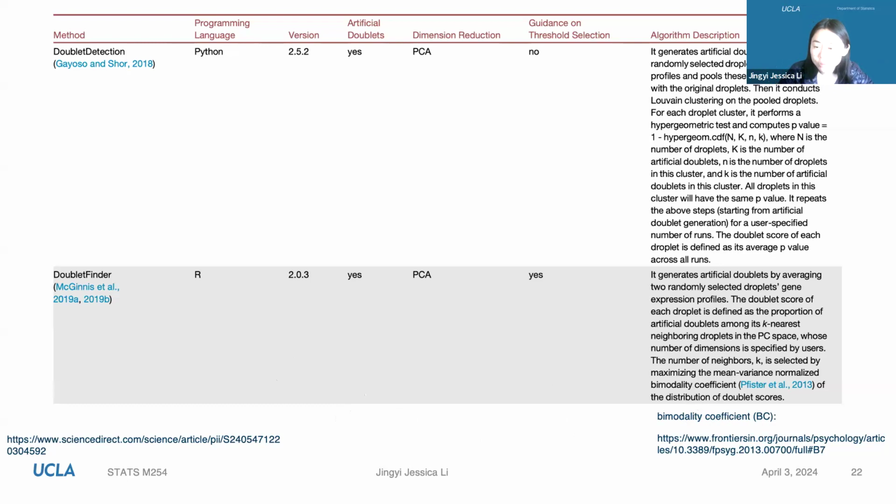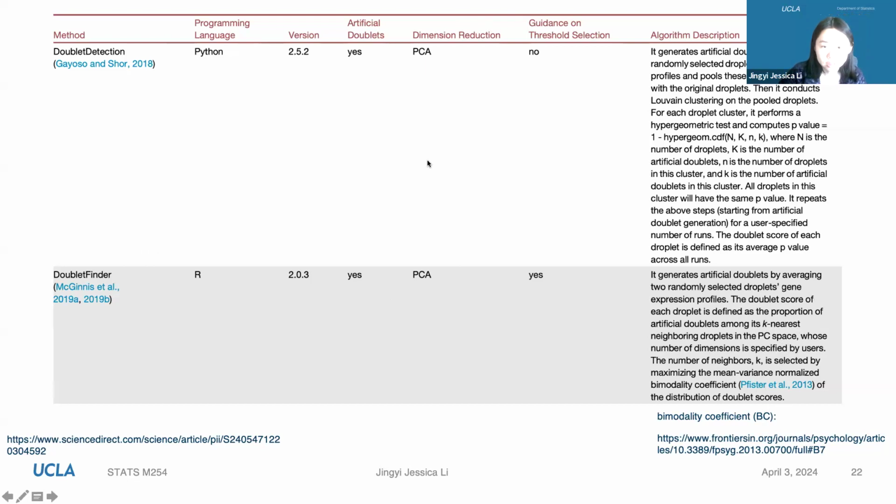The intuition is that one mode corresponds to doublets and multiplets to be removed, and the other mode corresponds to the good cells you want to keep. So basically, I think DoubletFinder is good because its K, the KNN's K, is selected in this way, with a rationale behind it instead of an arbitrary K.